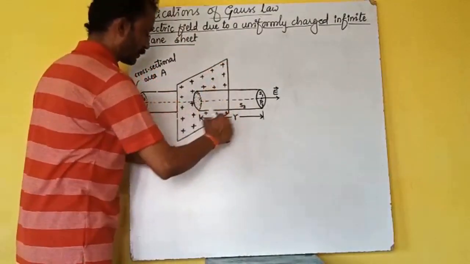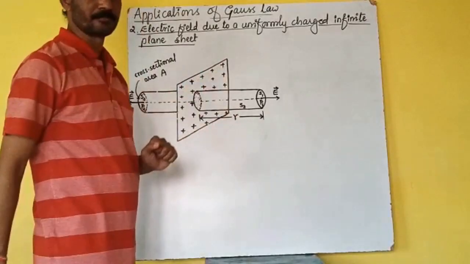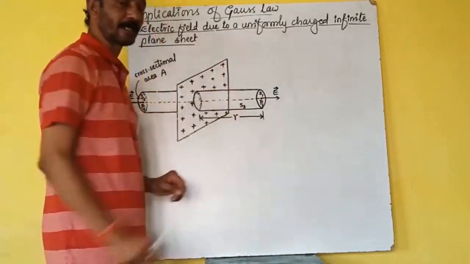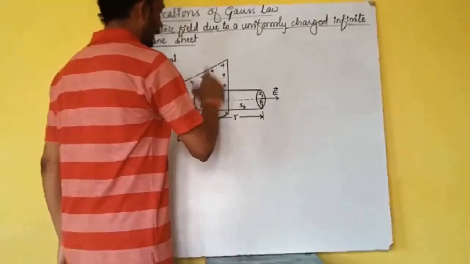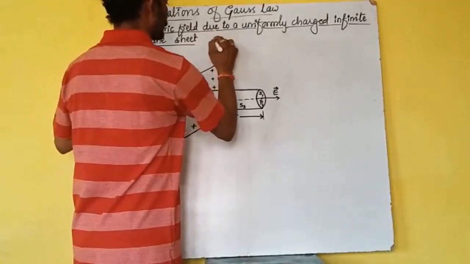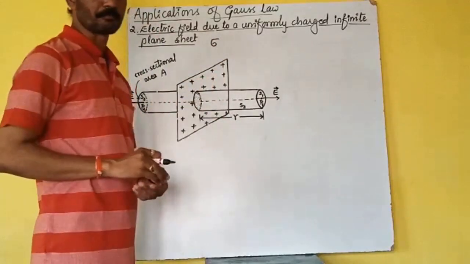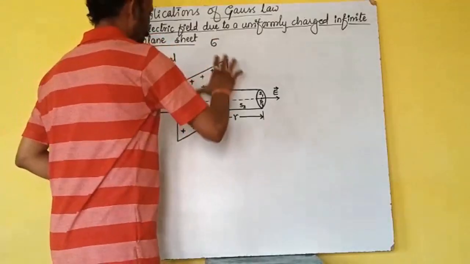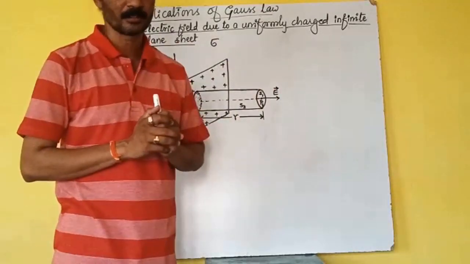Let us consider a uniformly charged infinite plane sheet. Let sigma be the surface charge density on the plane sheet. So this plane sheet produces electric field in the surrounding space.